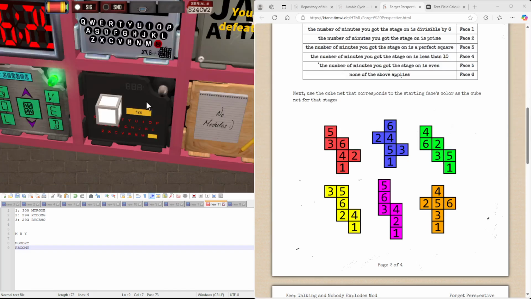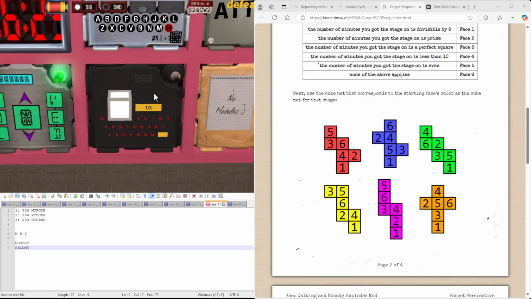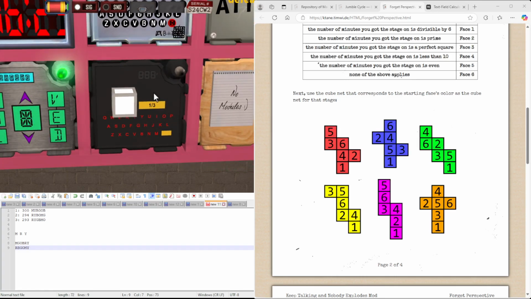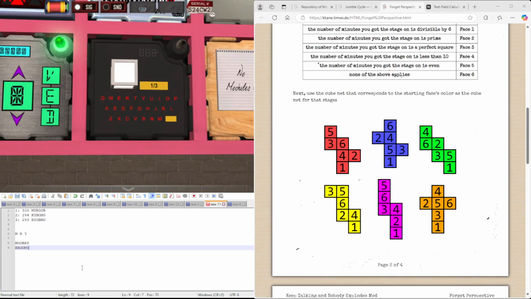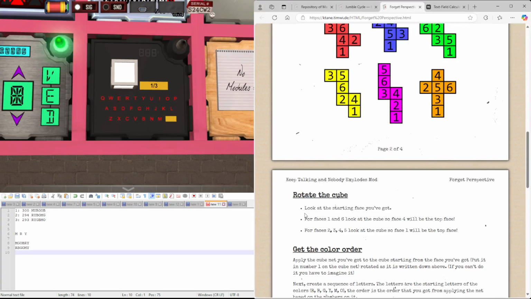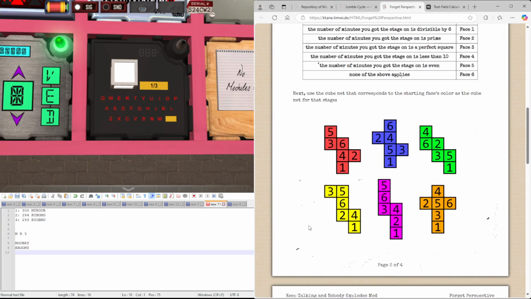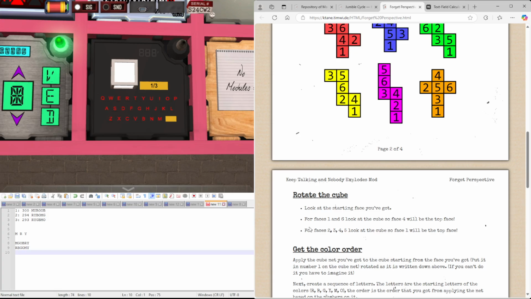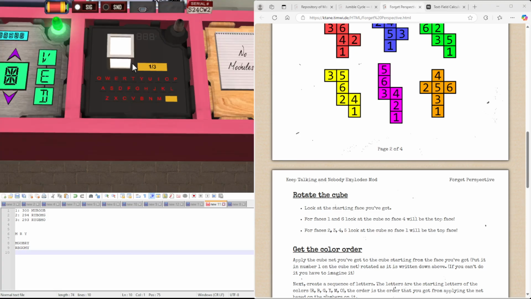We run like that. Yeah, okay. And then we had face 2. So we're now viewing it from here.